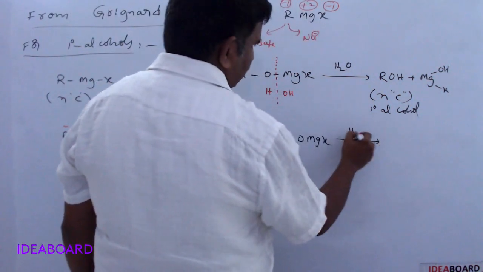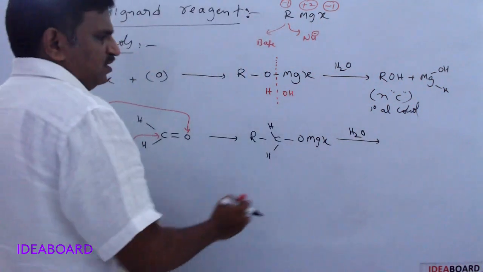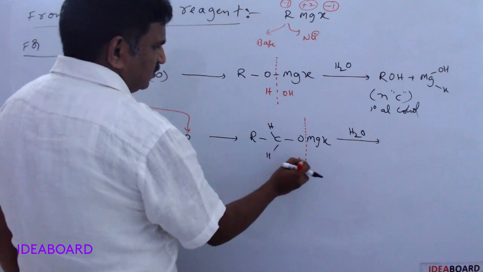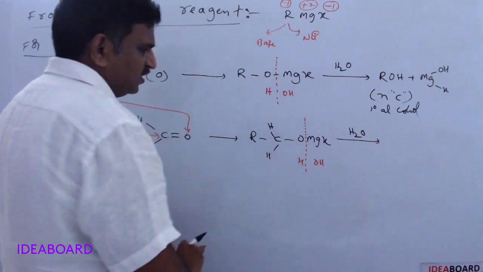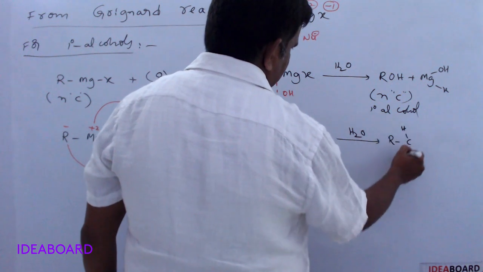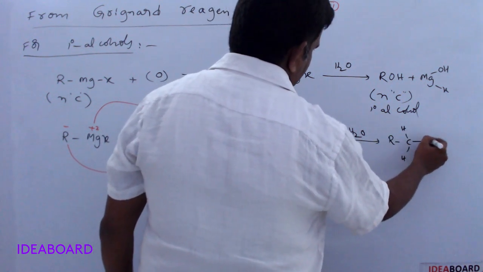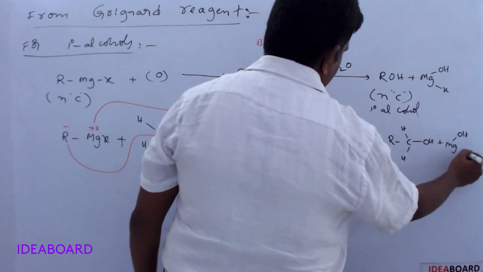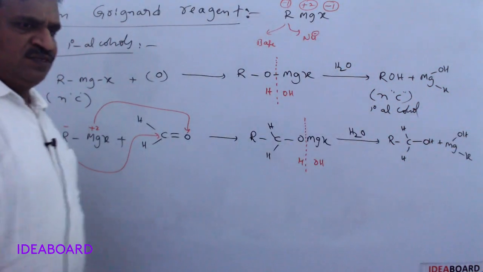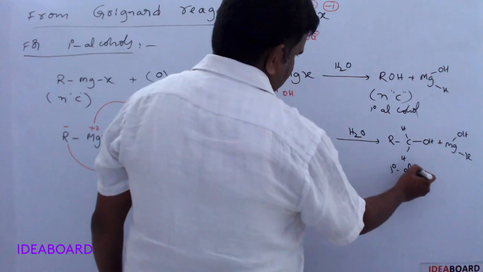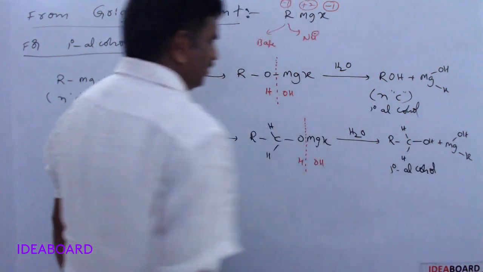This undergoes hydrolysis, the bond dissociation occurs, H and OH are added, and then what is formed? RCH2OH plus MgOHX is formed. Again, this is also a primary alcohol.